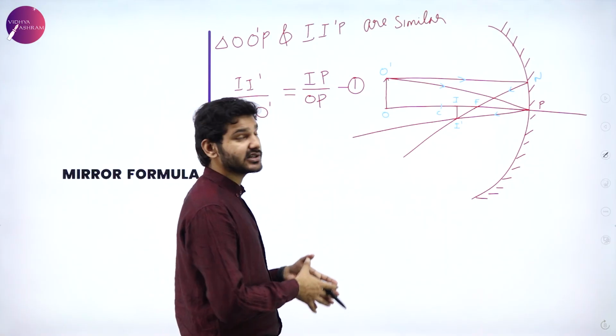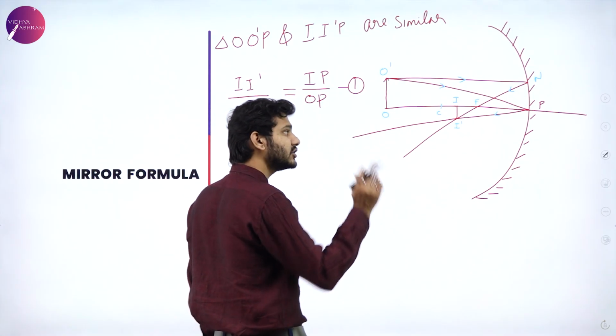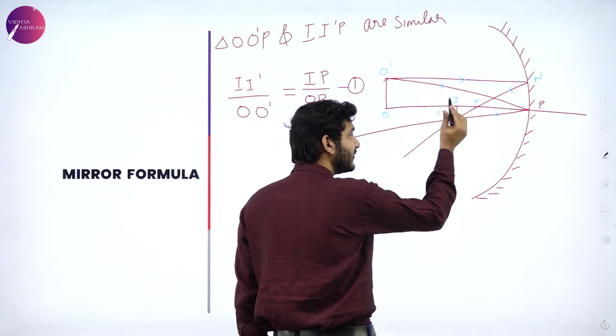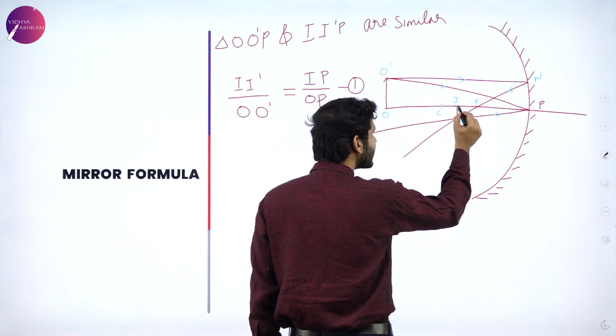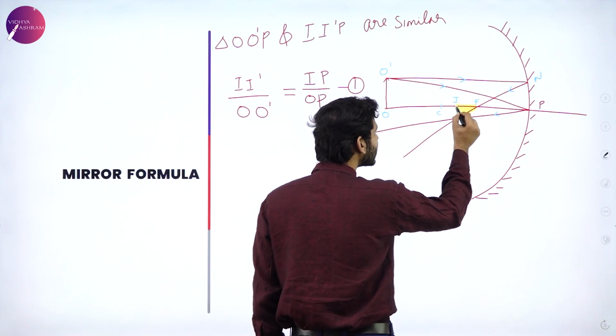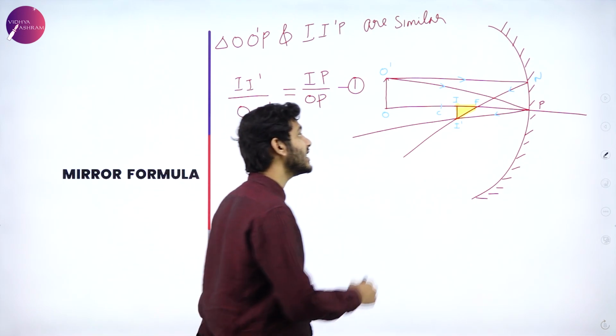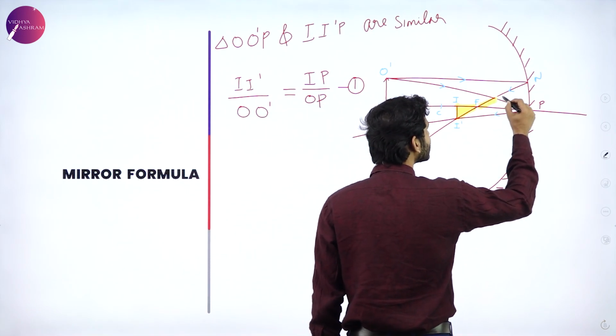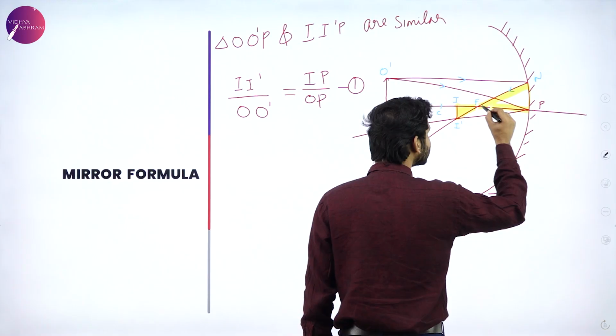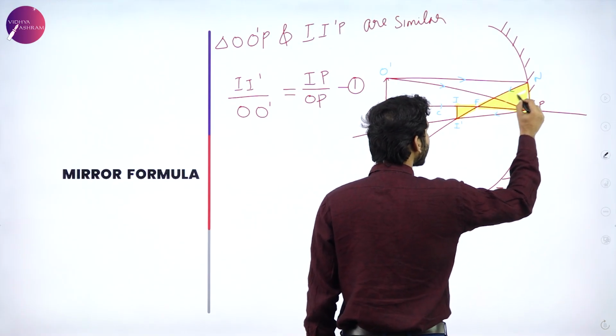So I am going to take 2 more triangles. There is one small triangle here, I dash F, and right opposite to that, there is one more triangle here, that is NPF.